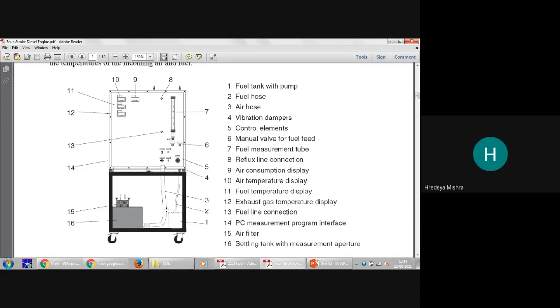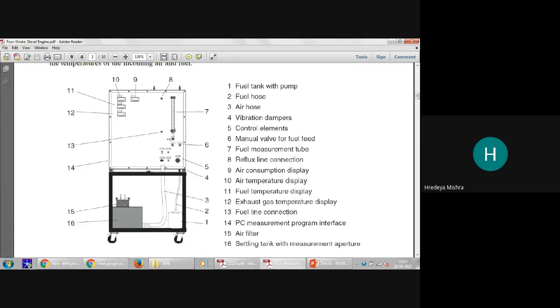bottom components. Number five, these are the control elements here. Now, manual valve fuel feed. See here, through this valve you can manually supply the fuel. Number seven, fuel measurement. You can measure the fuel by this scale, how much fuel is in the tank or how much fuel is required in the tank.